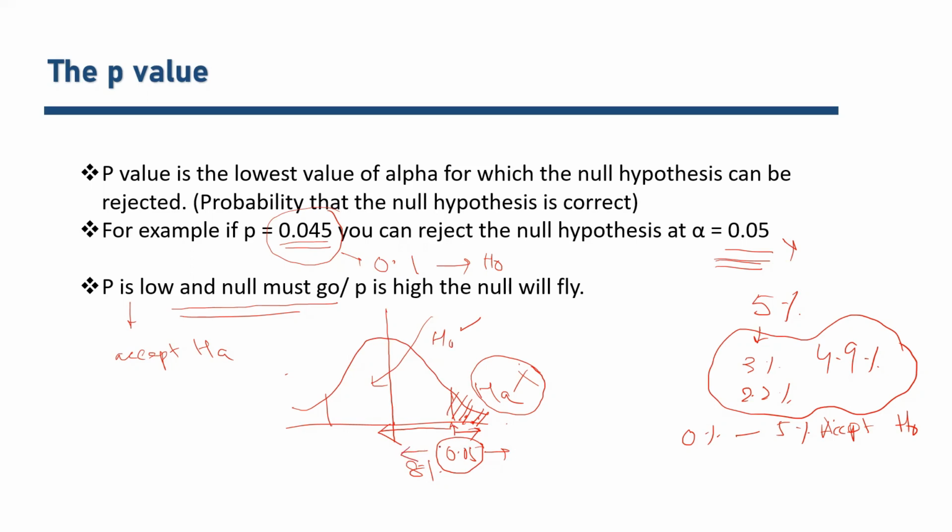If your P value is less than 0.05, you accept your alternate hypothesis. See, P is low, null must go. If P is high, it is obviously going to be here, then the null will fly, which means you're going to accept your null hypothesis.